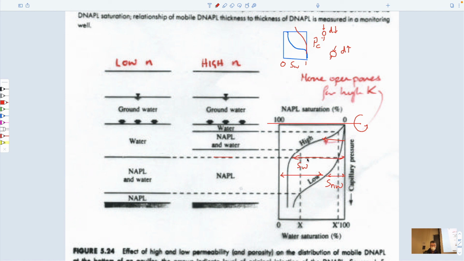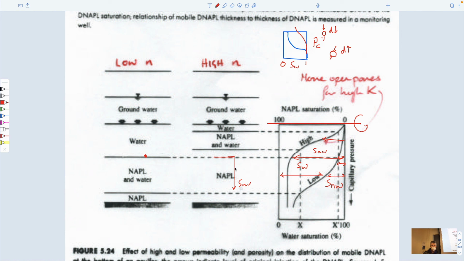So at this particular height, you have saturation of the non-wetting phase, which gives you NAPL all the way on downwards. Whereas in this particular case, the amount of NAPL you have in your system for the other condition is only this amount here, which means that at this depth, you're probably still water.